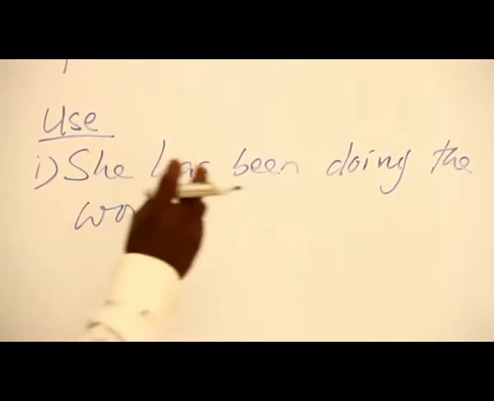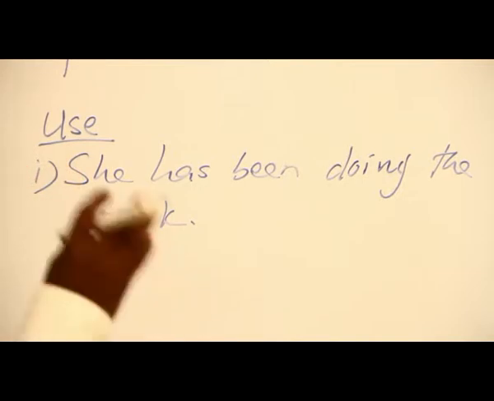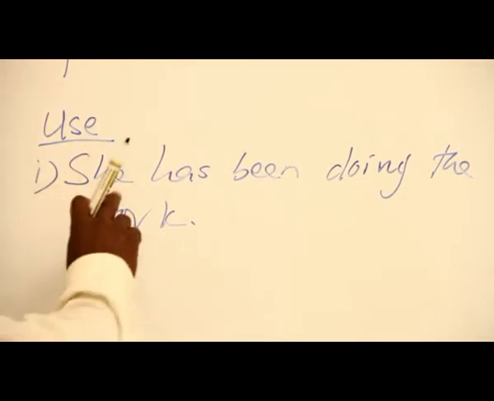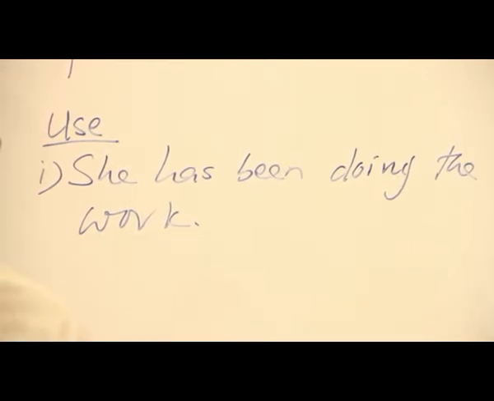We can even see it in this sentence and argue that there's a slight difference between this and the earlier one. The earlier one, probably the woman has done the work and has even washed her hands and is about to leave.